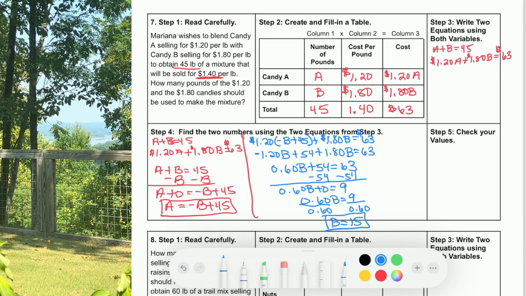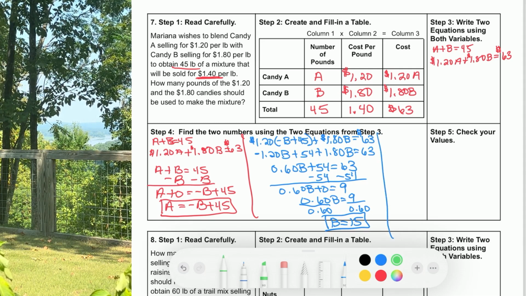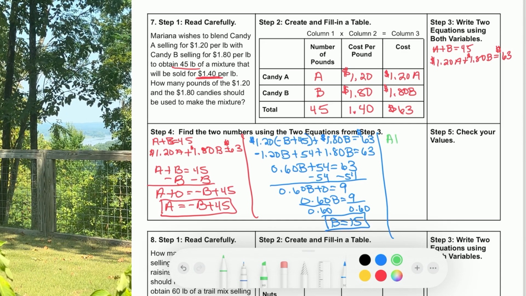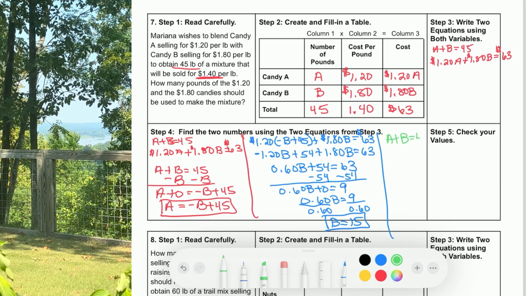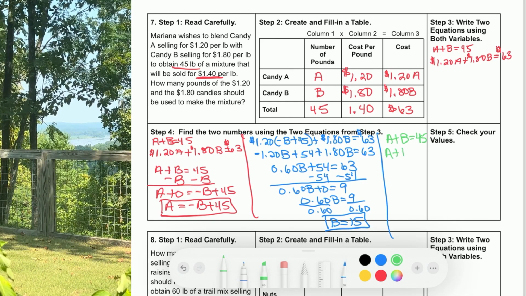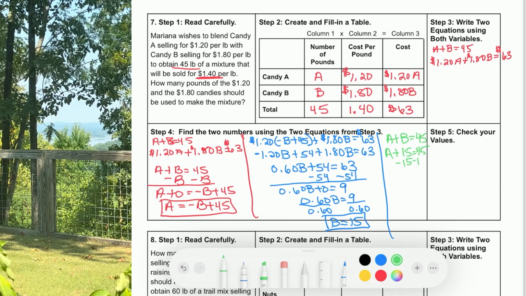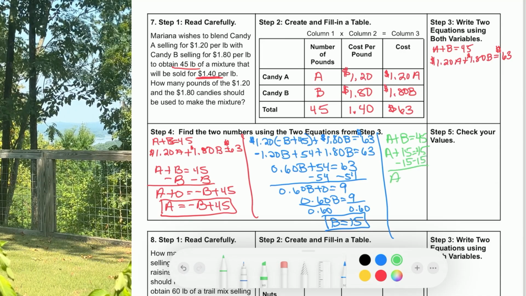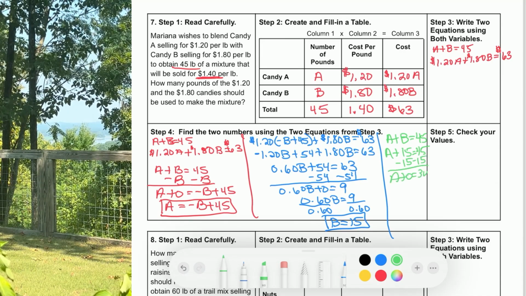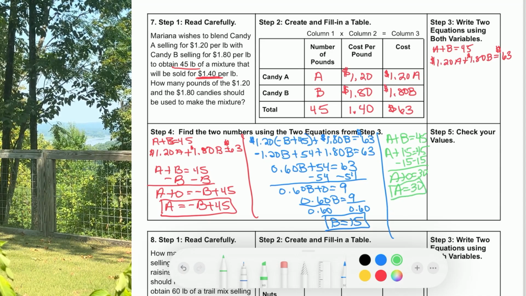So we know how many pounds of candy B we need, but we still need to figure out candy A. So I'm going to take A plus B equals 45, plug in my B value of 15, and subtract that 15 from both sides. A equals 30. So I need 30 pounds of A.